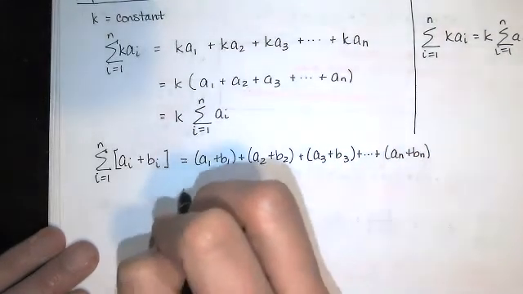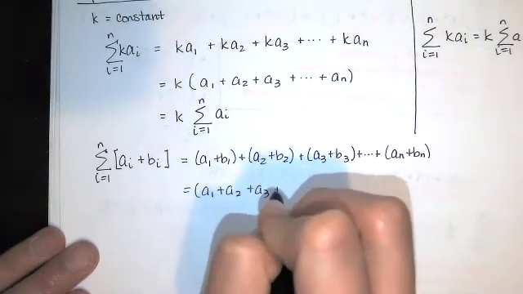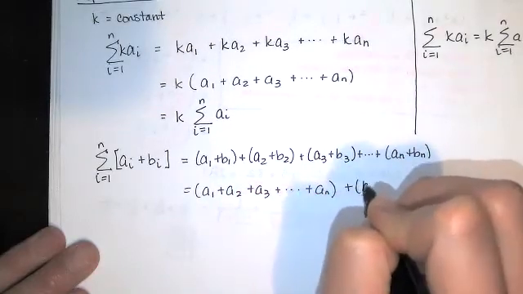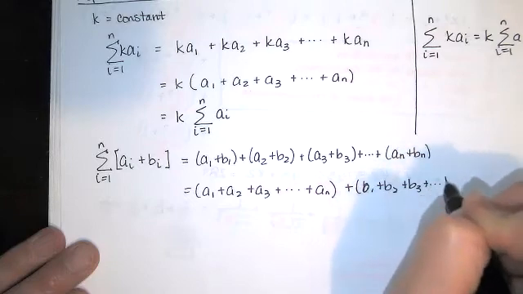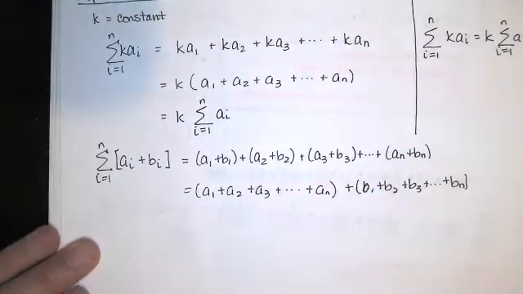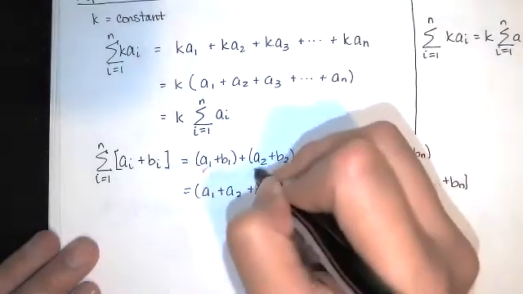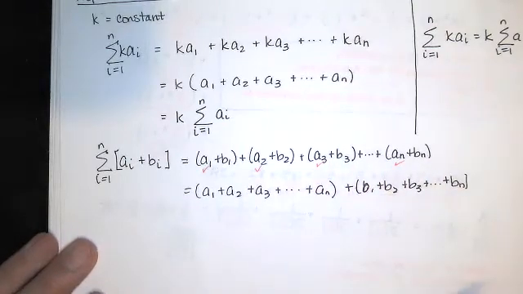Well, isn't that the same as just taking a1 plus a2 plus a3 all the way through a sub n and adding b sub 1 plus b sub 2 plus b sub 3 all the way through b sub n? Couldn't I just do that? Couldn't I grab all these a terms and put them together and then put all the b terms together?